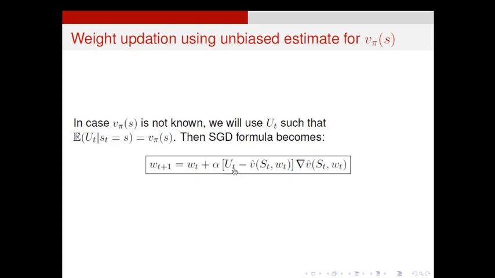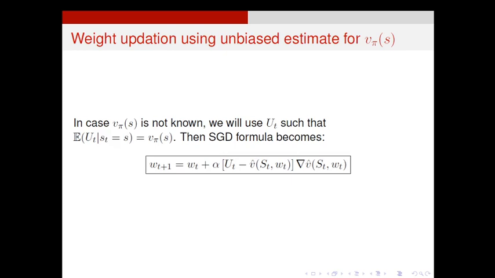But remember, this is just an approximation, and therefore this difference or this error will contain some inherent error due to Ut. We are trying to calculate the error in approximation, but this Ut itself is an approximation using an unbiased estimator of v pi of s. Hence this Ut contains some inherent error, and the disadvantage is that this updation need not move in the direction of minimum error.